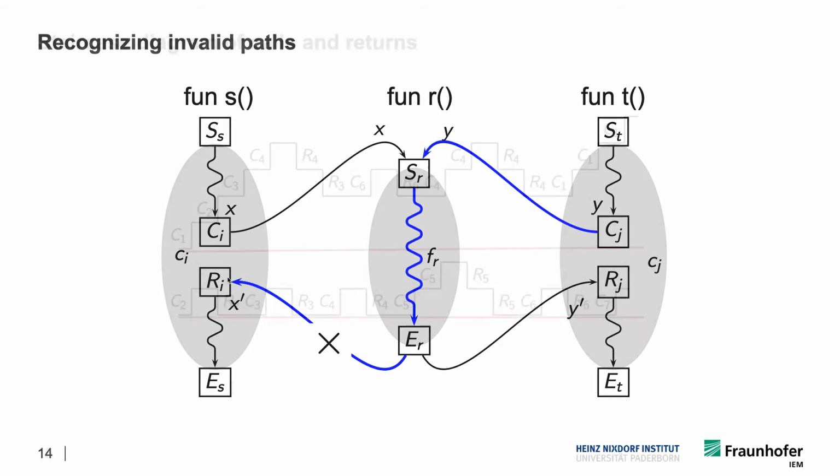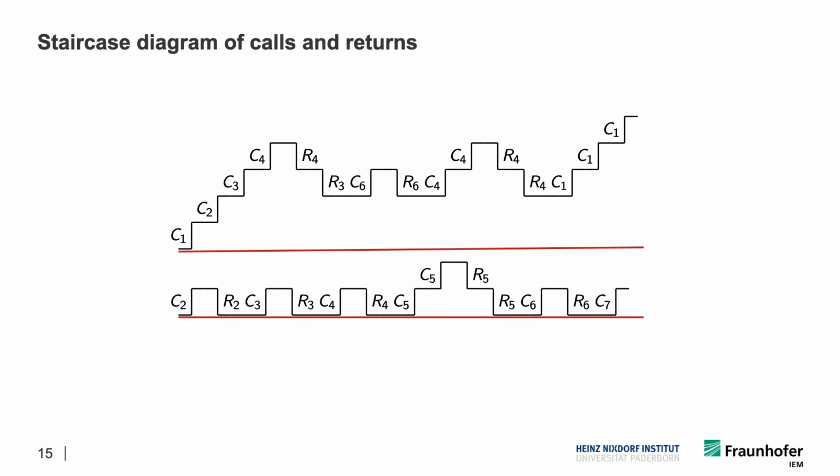Another way of thinking about this is such a staircase diagram of so-called calls and returns. So what you see here are calls at different call sites, right? So here we are calling into procedure C1, or this is call site C1 calling procedure 1. Here we have C2 and up to C4. And then here we are returning to return site 4.